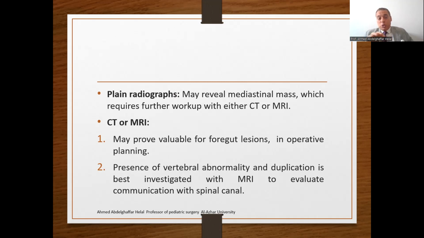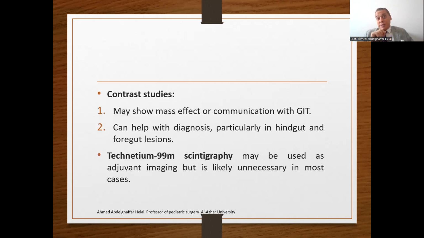It's very important to perform CT or MRI to exclude associated vertebral anomalies and communication with the spinal canal. Contrast studies may show the mass effect or communication with the gastrointestinal tract and can help with the diagnosis, particularly in hindgut and foregut lesions. Scintigraphy may be used as adjuvant imaging, but it's likely unnecessary in most cases.